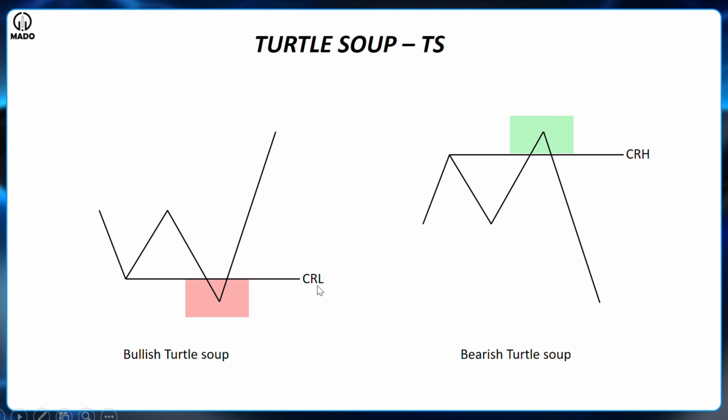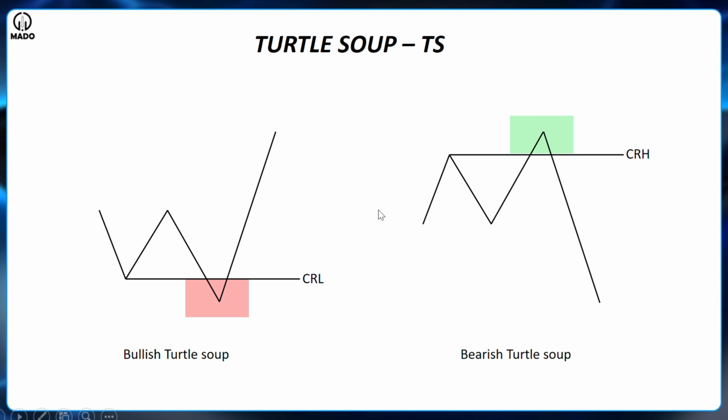So, to make it simple, when the CRT low is purged and price reverses higher, that's a bullish turtle soup. When the CRT high is purged and price reverses lower, that's a bearish turtle soup. This is where TSQ begins. It all starts with liquidity purges and a new cycle forming inside the candle range.